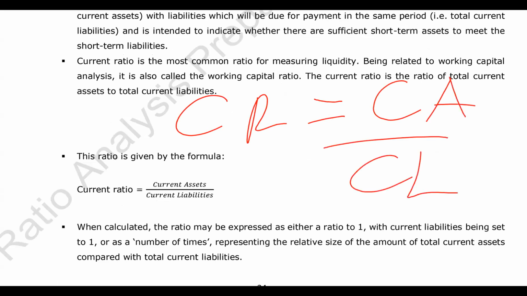This is one of the ratios that you can never omit when you are analyzing financial statements. The current ratio: current assets come from the balance sheet.